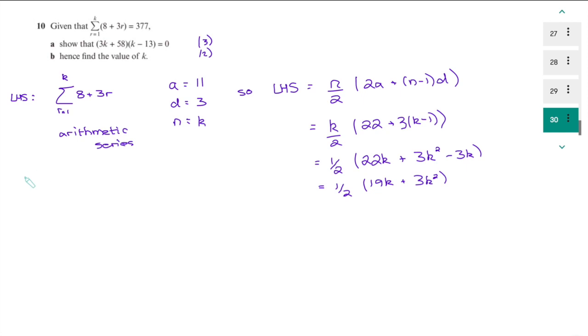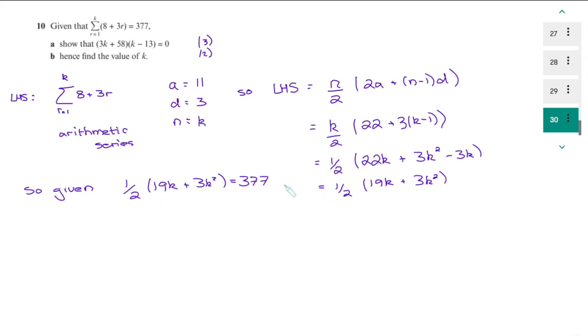Okay, so we're given a half times 19k plus 3k squared equals 377.